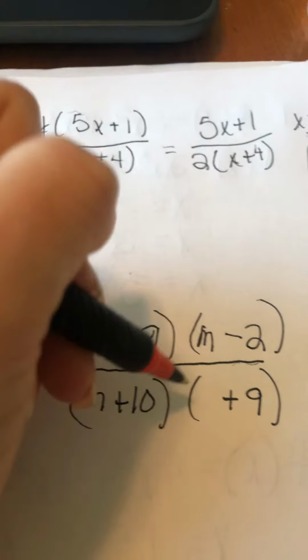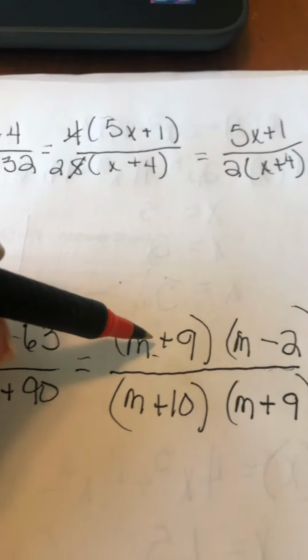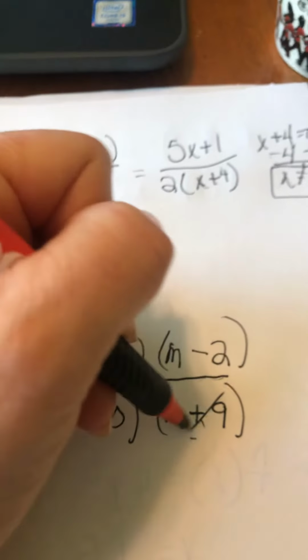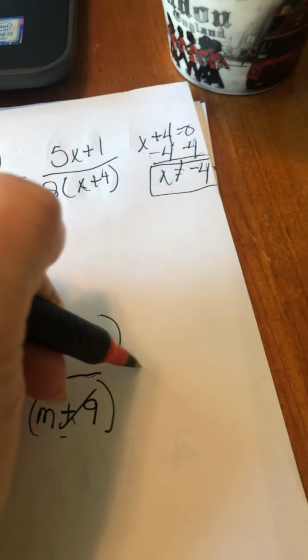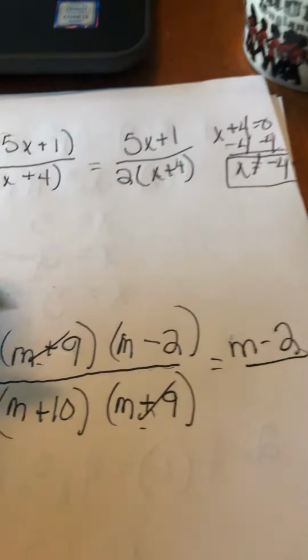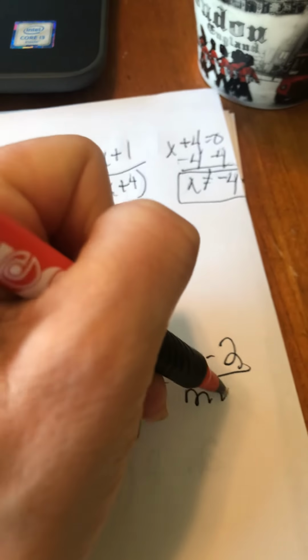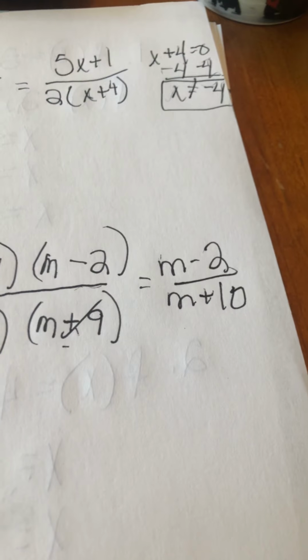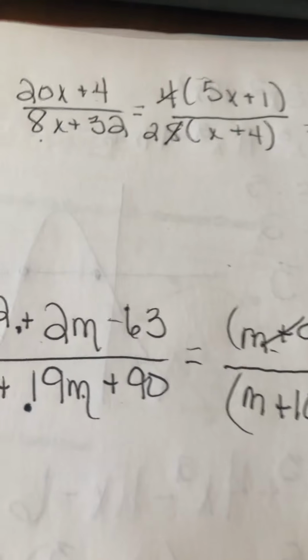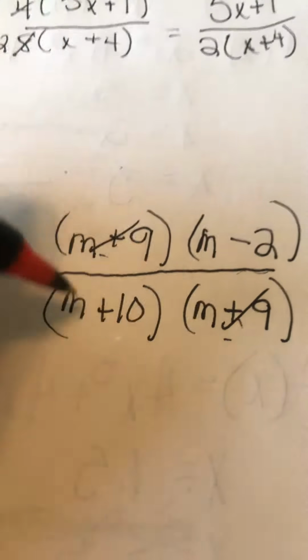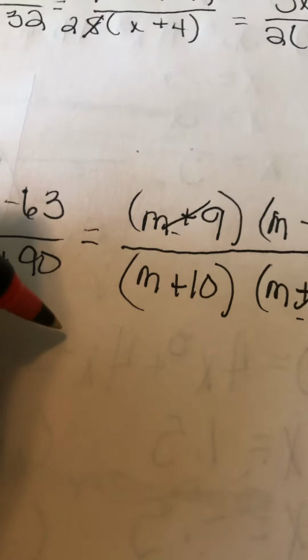One thing that will always give you a clue here is that one of these factors will always match. So we can cancel that out, and we see that our solution is going to be (m - 2) over (m + 10). Now we have simplified it, but we have to find our excluded values. Even though the 9 canceled, we still have to use it for our excluded values.